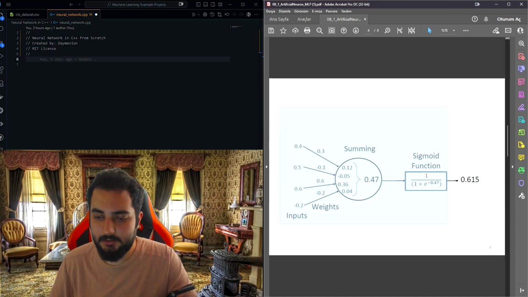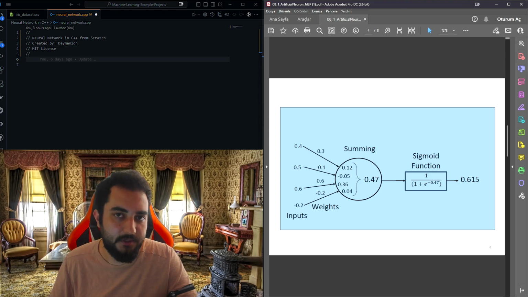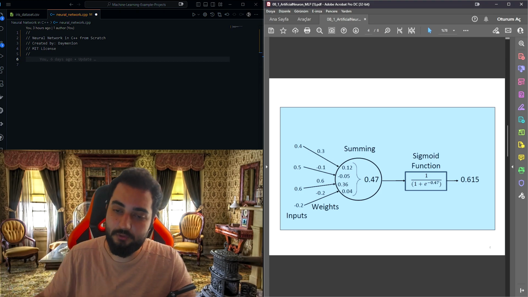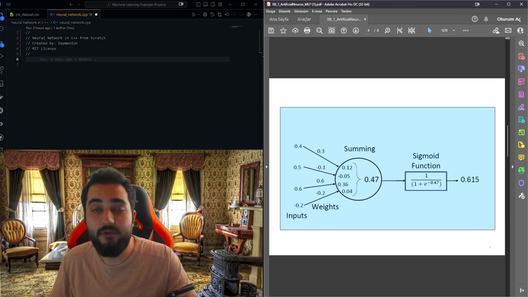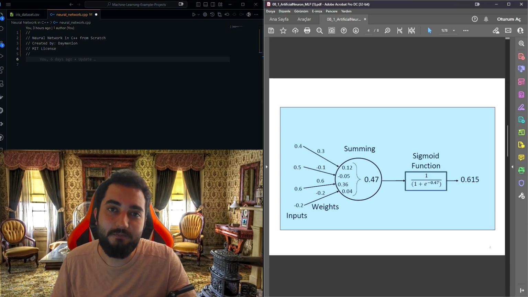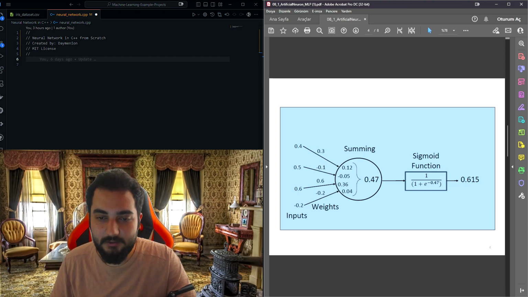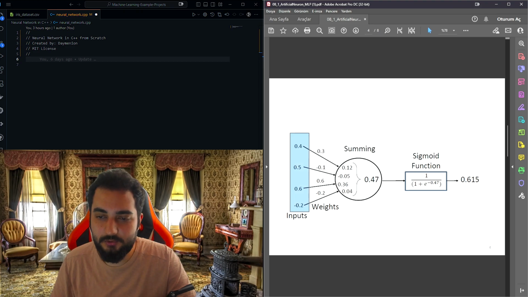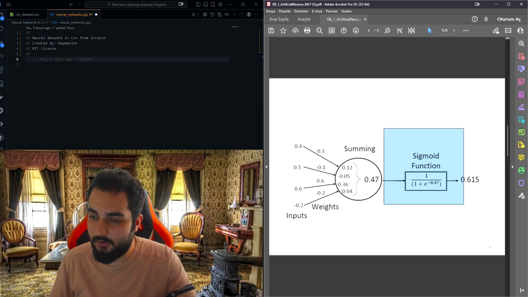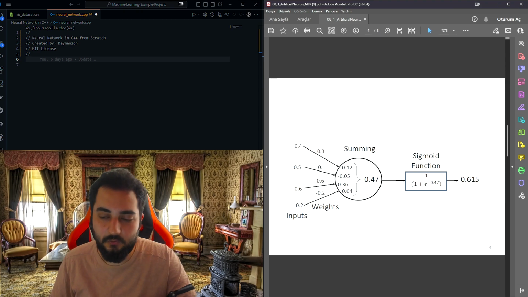So this is the forward propagation. That means we give the inputs to the neural network and we get the outputs. I give these inputs to the neural network with these weights, sum up, put in the sigmoid function, and I get the outputs. This is the forward propagation.